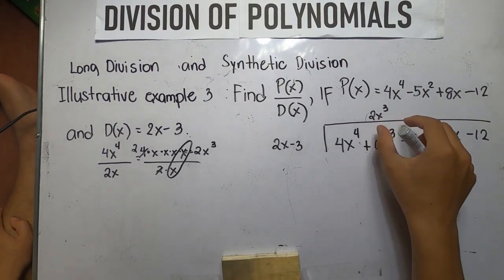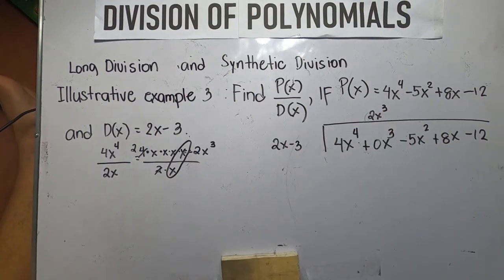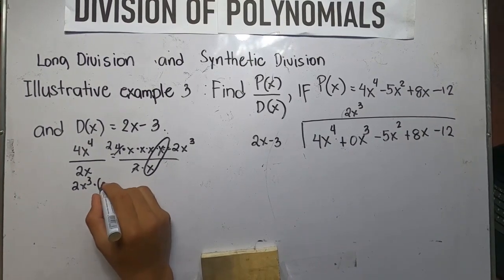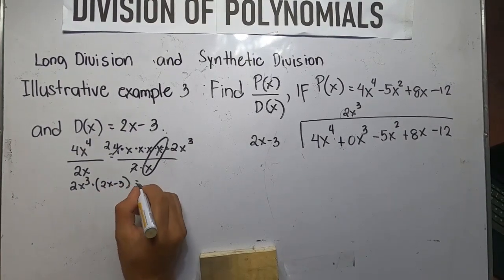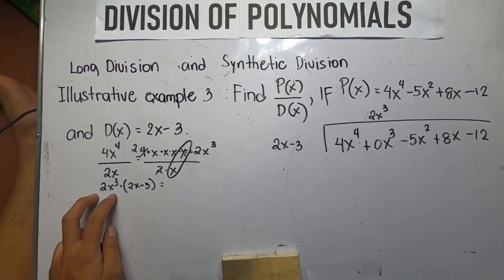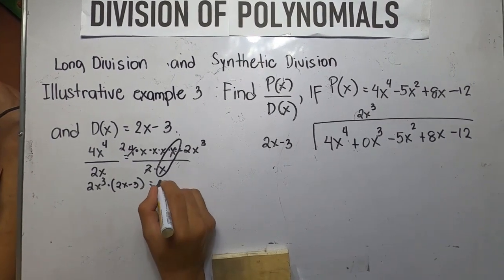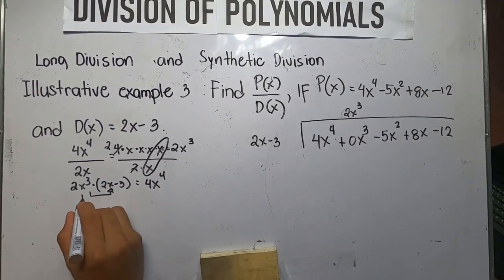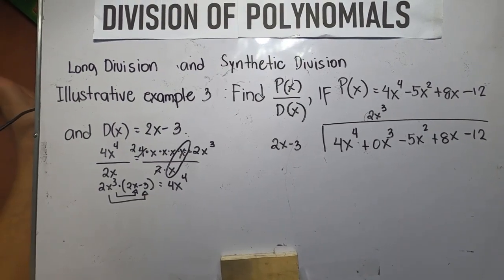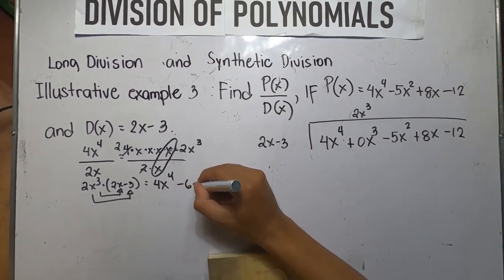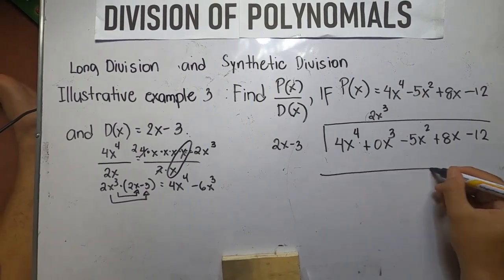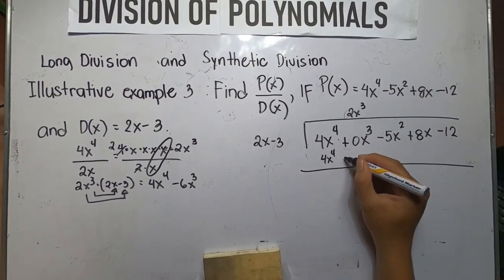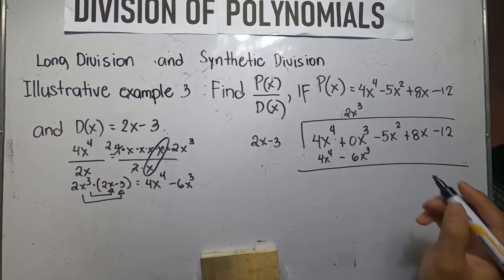Then, multiply 2x cubed by the divisor. So that's 2x cubed multiplied by 2x minus 3. By distributive property, 2x cubed times 2x is equal to 4x raised to 4. 2x cubed times negative 3 is negative 6x cubed. So write the result below the dividend. 4x raised to 4 minus 6x cubed.